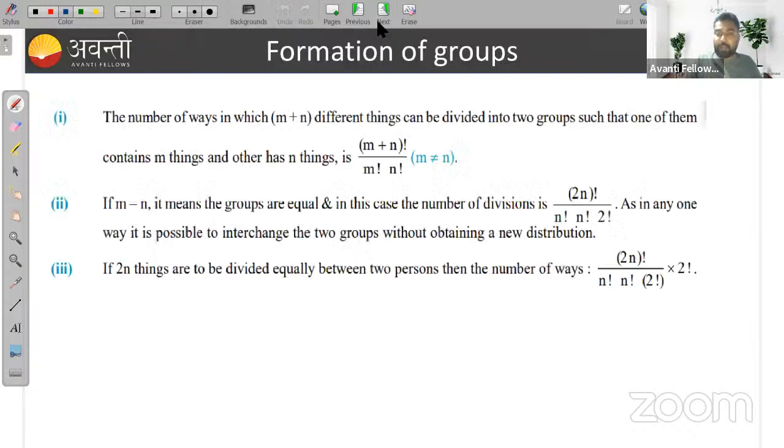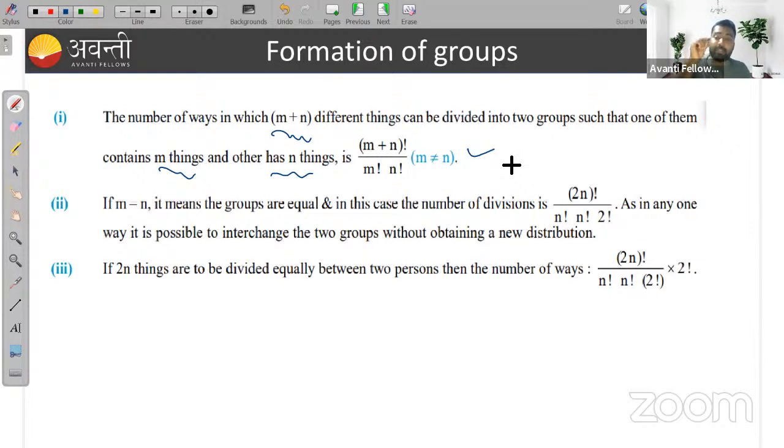Let's first understand: the number of ways in which m plus n different things can be divided into two groups, such that one of them contains m things and the other has n things, is (m plus n) factorial divided by m factorial times n factorial, where m is not equal to n. This is the formula. Remember, formation of groups.